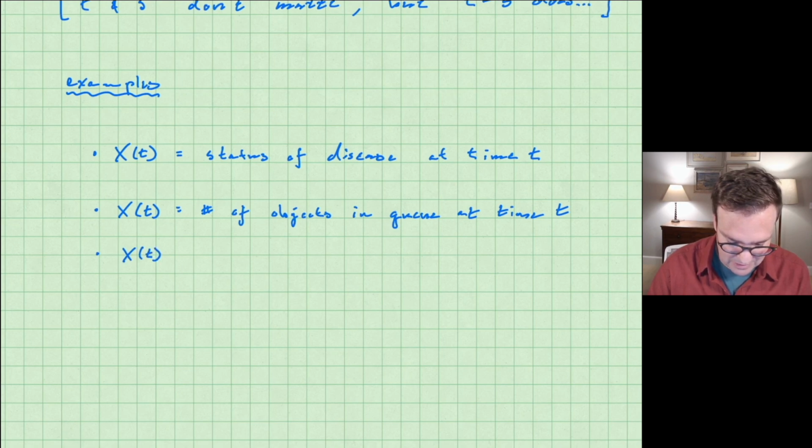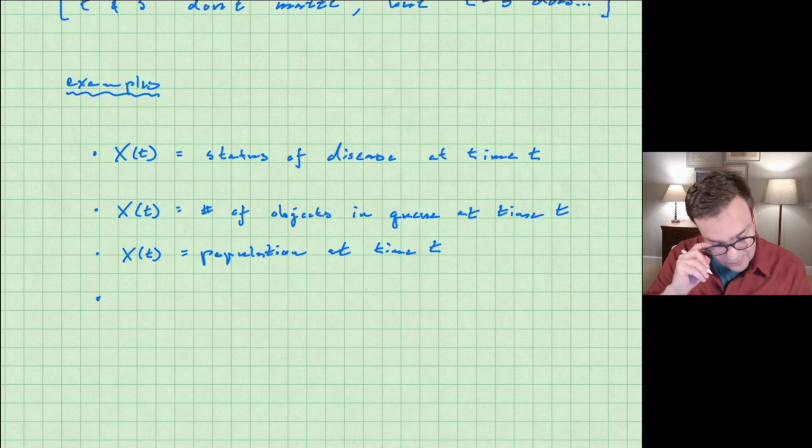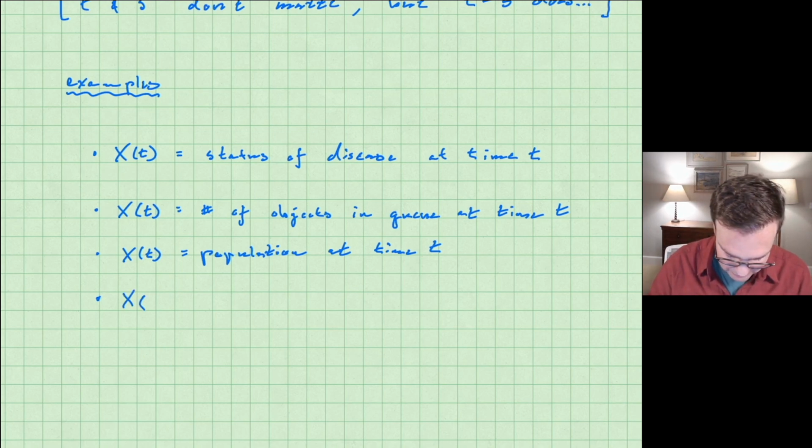X of t might be just some general population. So the population of Scotland, say. Or x of t could be, I mean, we could just keep on going, right? Just trying to think of things that are discrete, that vary as a continuous function of time.